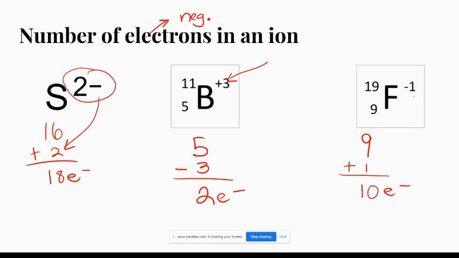This is where you have to think through it, okay? Because this is a negative value, but yet I'm adding here. And why is that? Well, because these are negative charges, I'm adding negative charges up. The other way you could do this is to think of this as a -9 and a -1, and you would come up with -10 electrons.